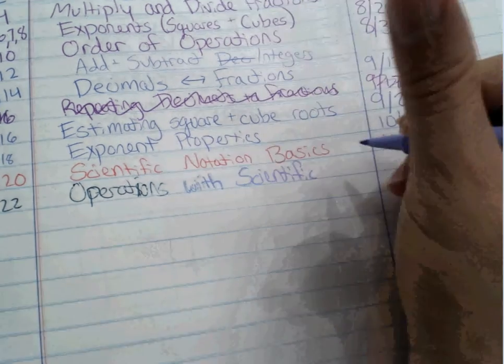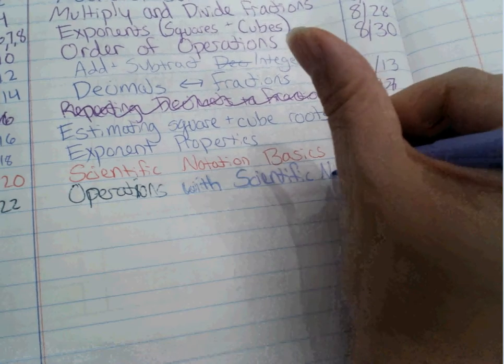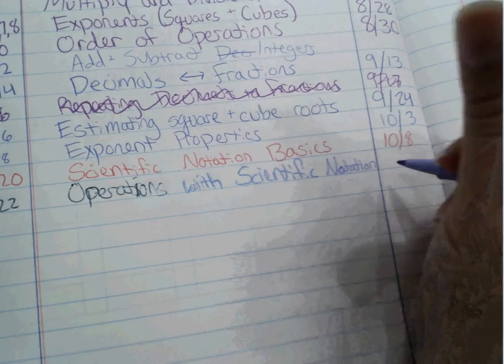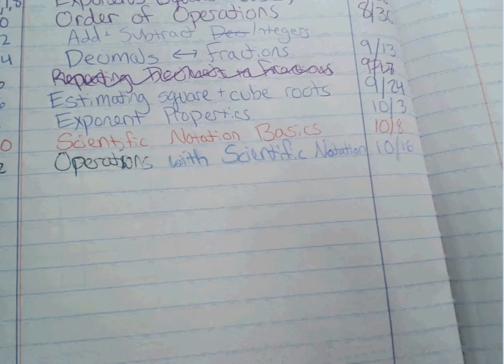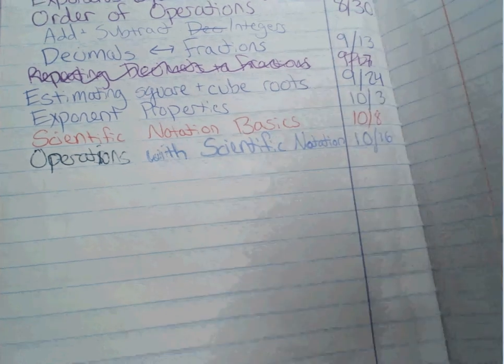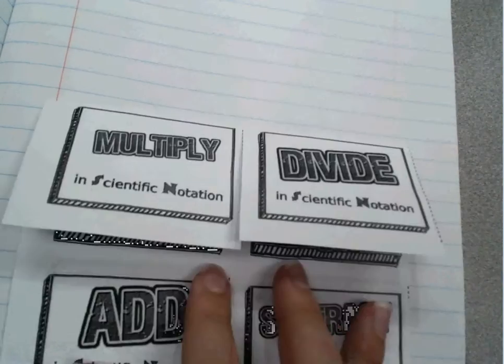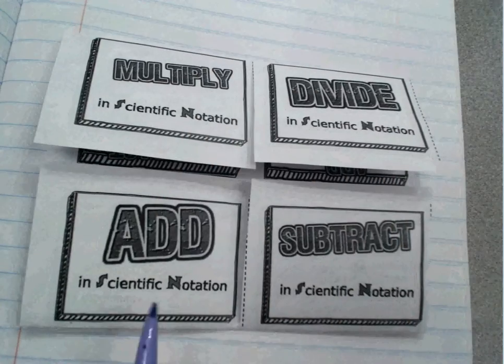Today's date is the 16th. So operations with scientific notation on the 16th. On pages 21 and 22, on the right, just go ahead and glue in these notes, and then we'll fill in the rest tomorrow.